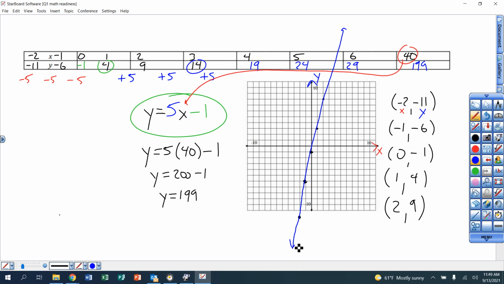Over 1, up 5. And you can see that. That point was inaccurate, so let's fix that last one there. Over 1, there you go, exact. Over 1, yep, exact, be exact. Over 1, up 5, or down 5, left 1, down 5, left 1.